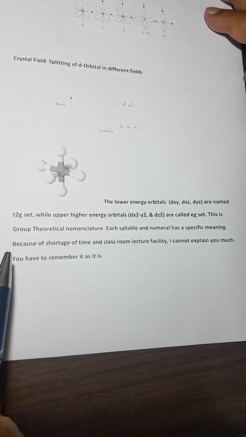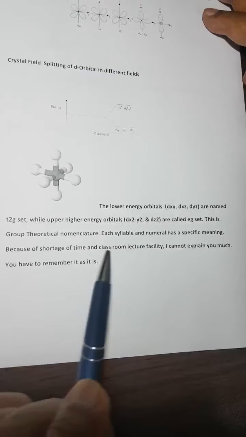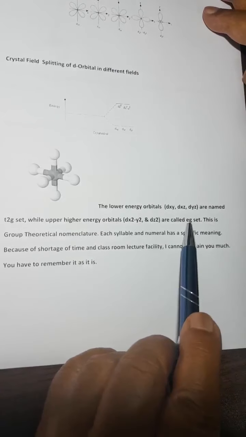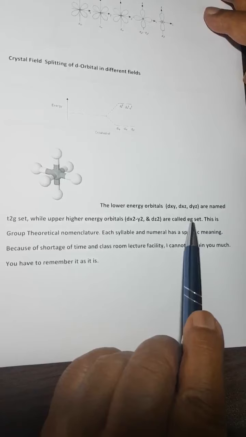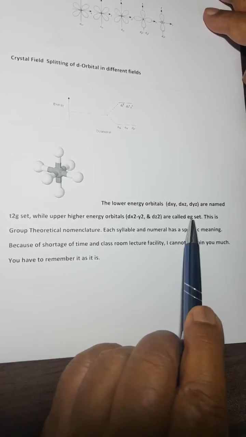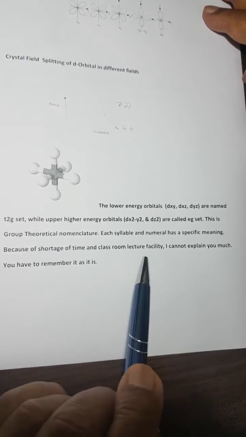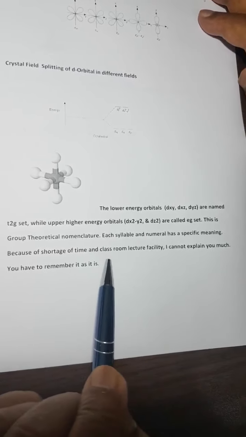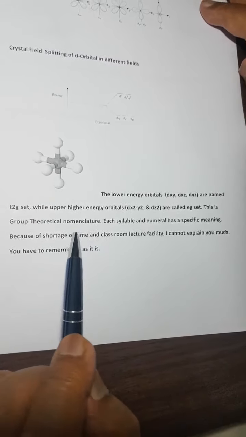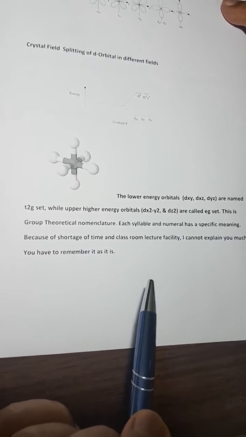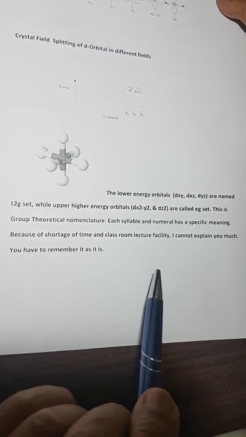In the Eg set, E has a meaning and g has a meaning, which I will just verbally explain to you. But this is all group theoretical terms which we are using.